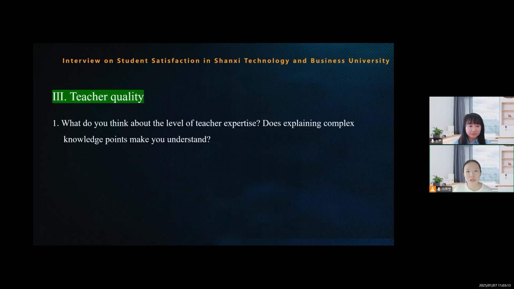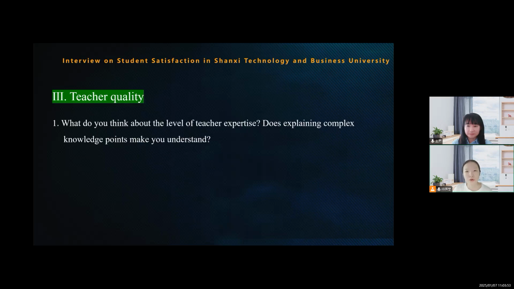For example, in the financial management course, when explaining the complex financial ratio calculation and analysis methods in financial analysis, the teacher does not simply let us memorize the formulas, but through the actual financial statement cases of enterprises, gradually guides us to understand the financial significance of each ratio, how to calculate, and how to analyze the financial status and operating results of the enterprise through these ratios.